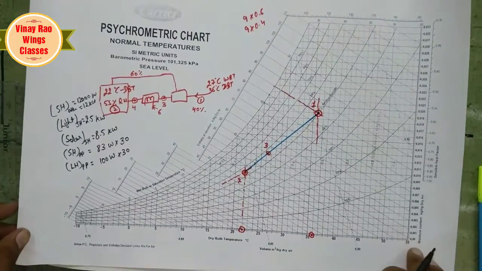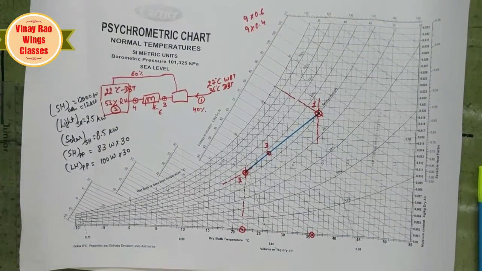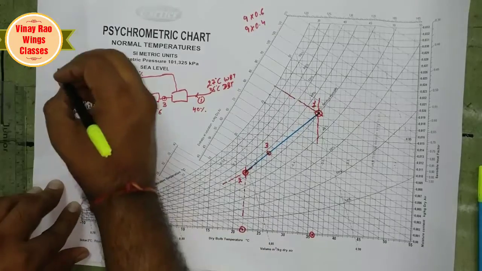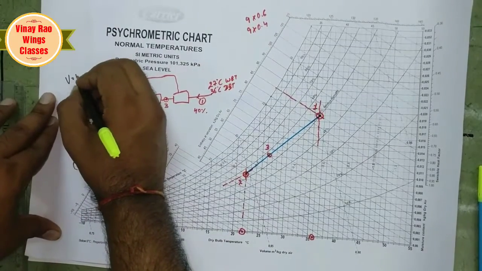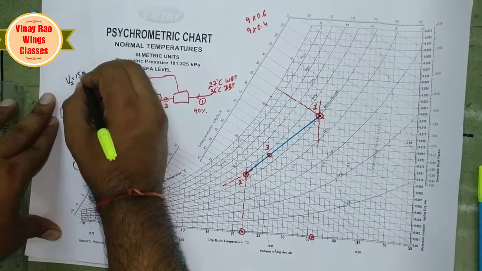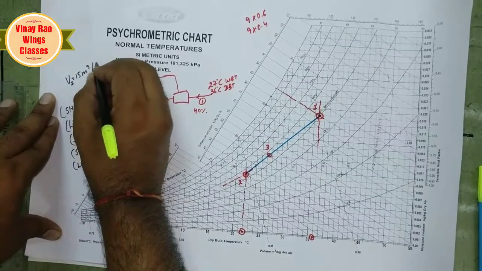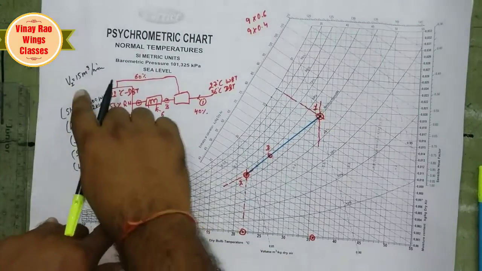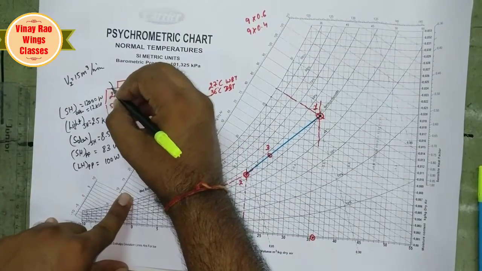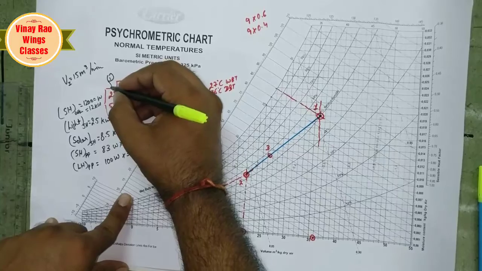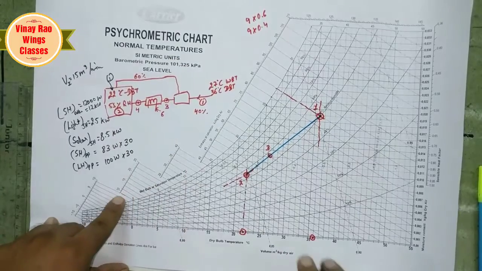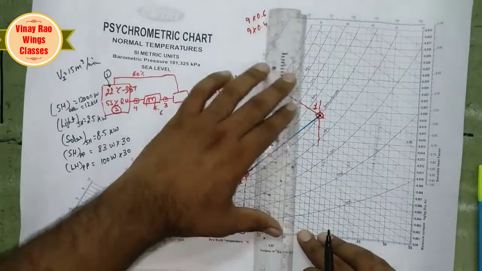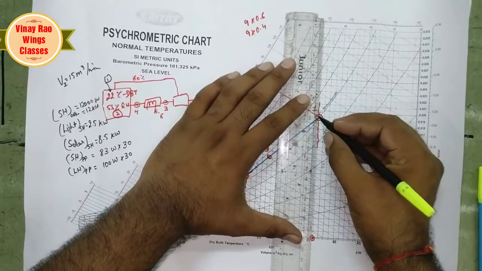The infiltration load is also given: 15 cubic meters per minute. Infiltration means outside air at point number 1 condition enters directly into condition number 2, so we have to mix points 1 and 2.